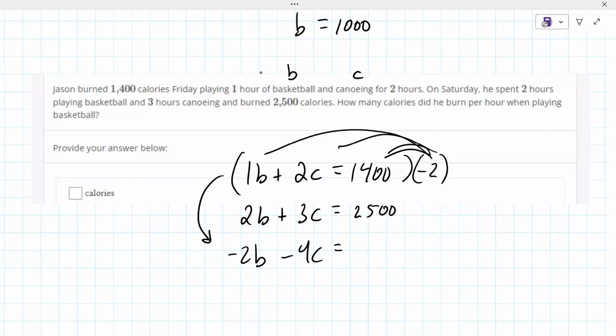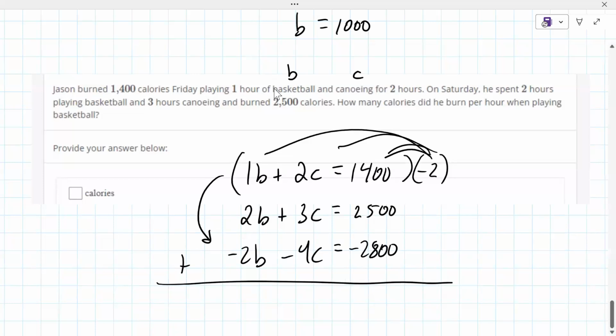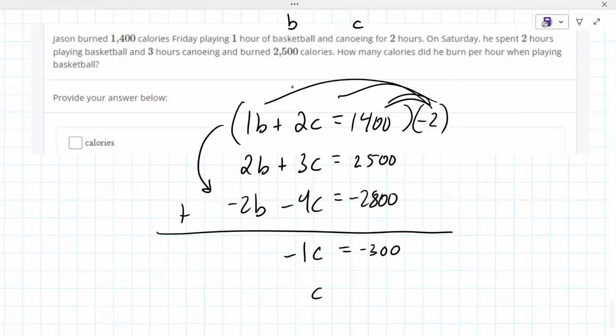Negative 2800. Good. Now, when we add these together, the B's cancel. What is 3C minus 4C? What does that become? It would be negative 1. -1C equals -300. So what does C equal?